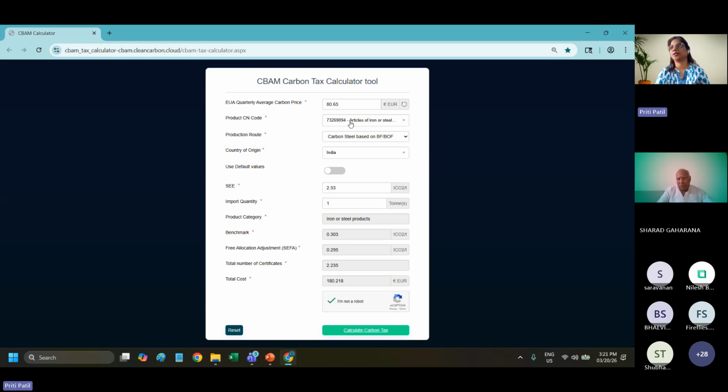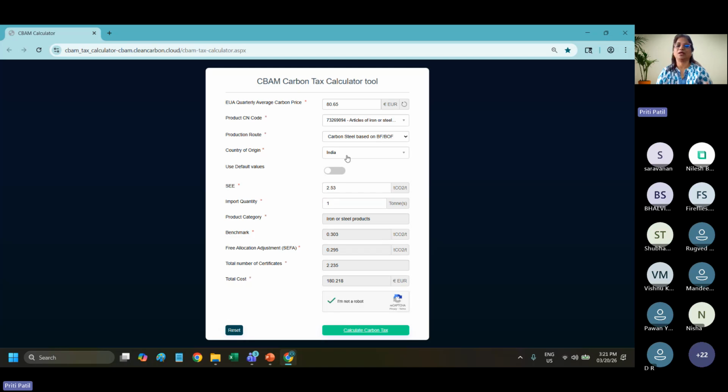You can directly enter the precursor CN code here and check if it is a BF-based precursor or scrap-based precursor, and if I purchase it from India, how much will be the cost, and if I purchase it from some other country, how much is the cost. That kind of thing you can check here and it will instantly give you the cost. And for 1 ton you can calculate it here, or you can enter any number of tons you want to purchase and it will give you the total cost.